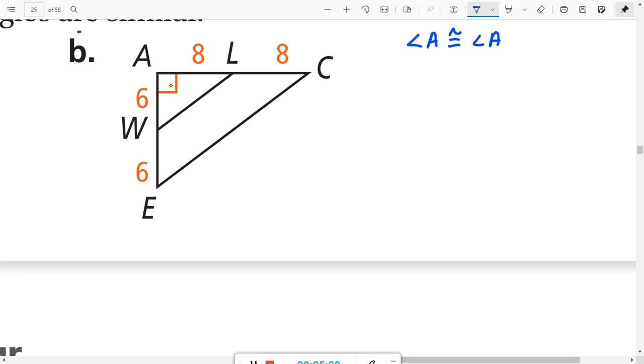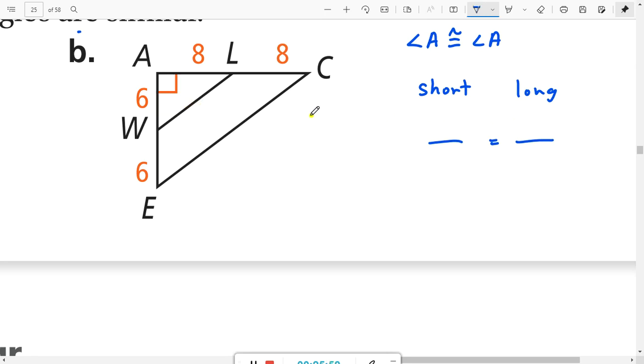All right. And now we just want to see if the sides are proportional. Okay, so we're just going to do two fractions now, short and long. All right, so that's one fraction, and that's one fraction.